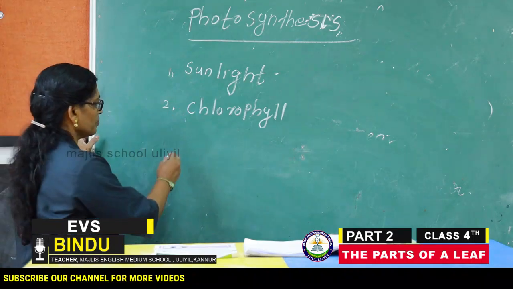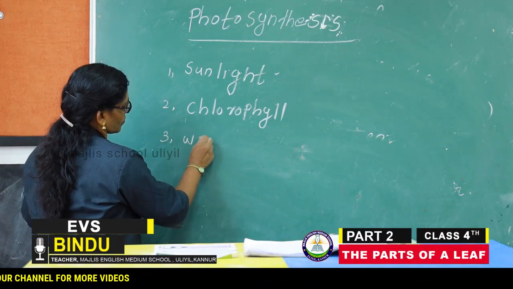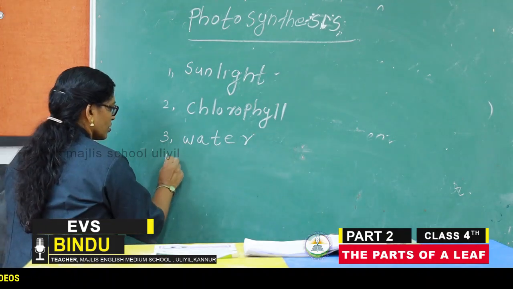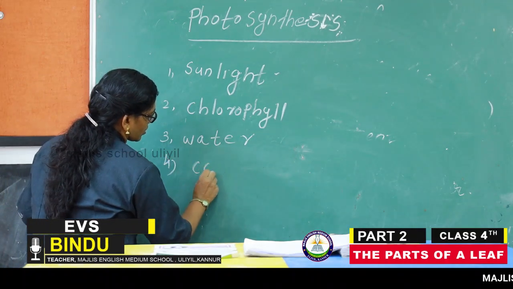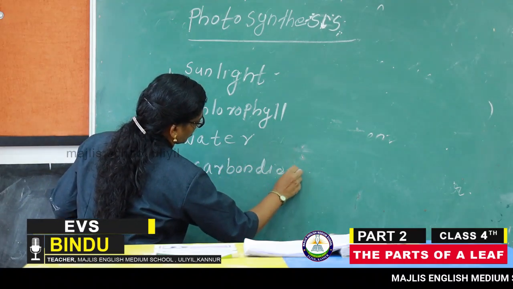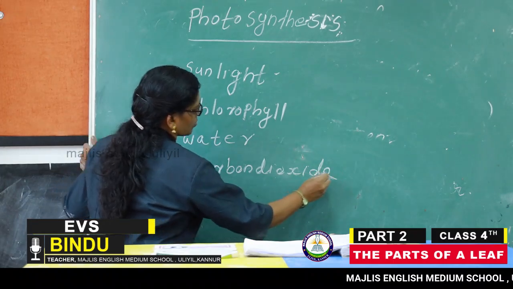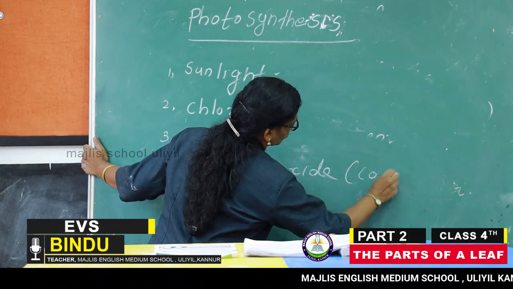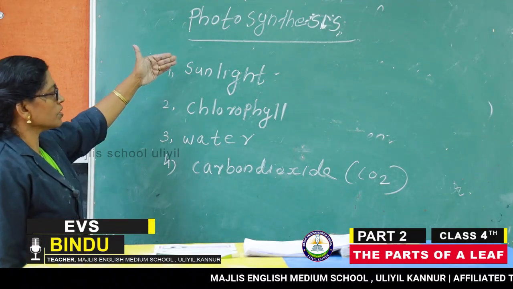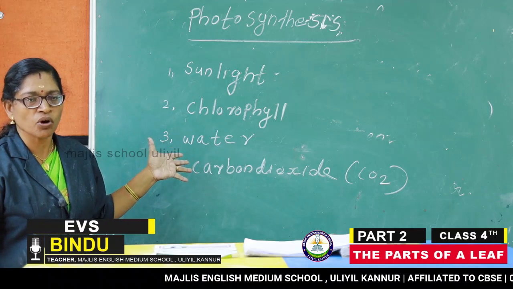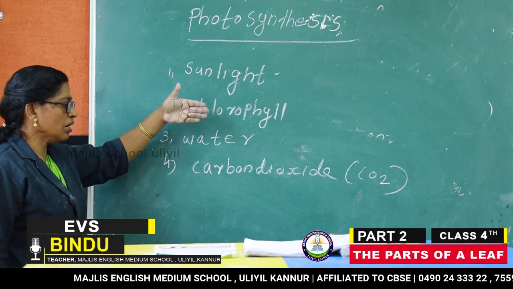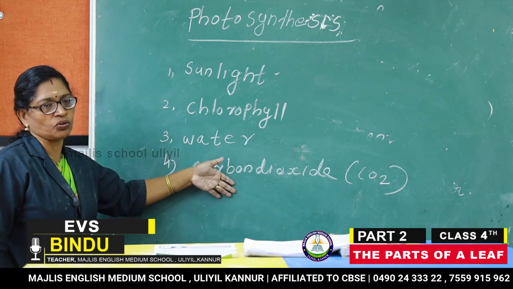Then water. Then carbon dioxide, this is also called CO2. Yes, these are the four things necessary for photosynthesis: sunlight, chlorophyll, water, carbon dioxide.